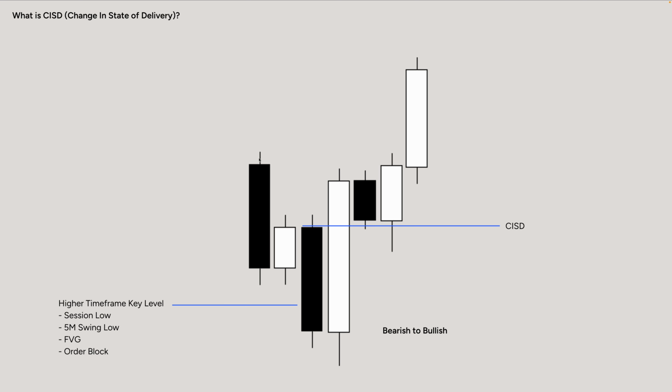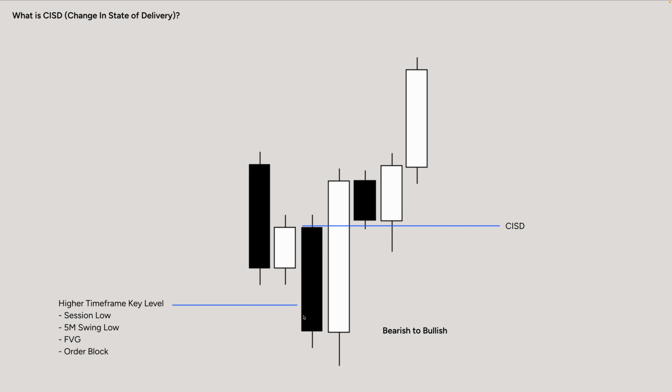So now I move my CISD line down from this candle to this candle body open. Why? Because now this is the candle that pushes into this higher time frame key level. So you mark it out with a blue CISD line, and in this case, the very next candle gives you a confirmation as it closes with its body above the CISD line.